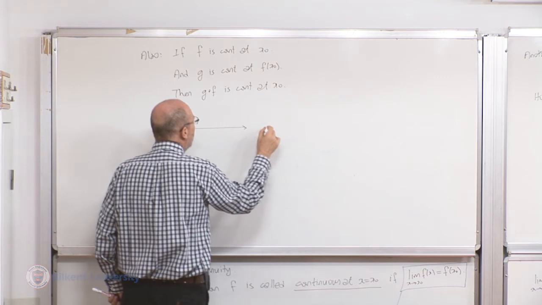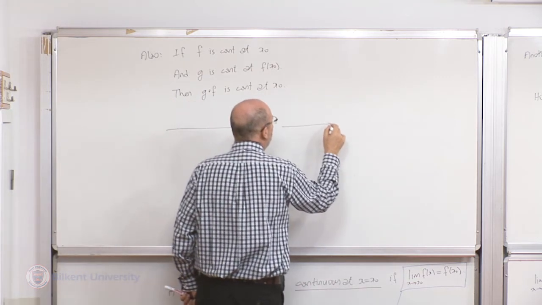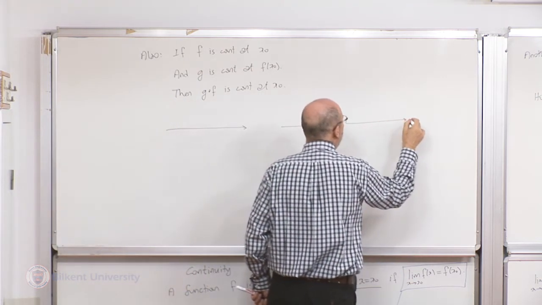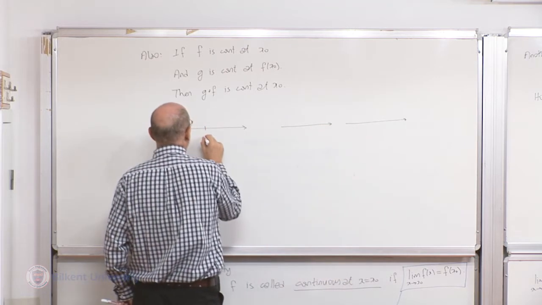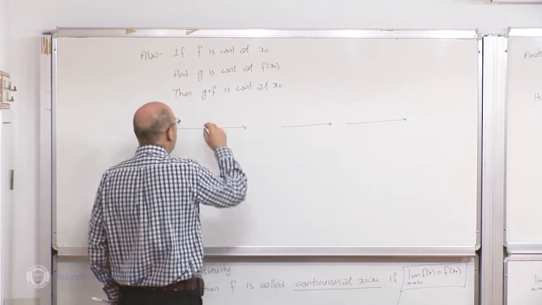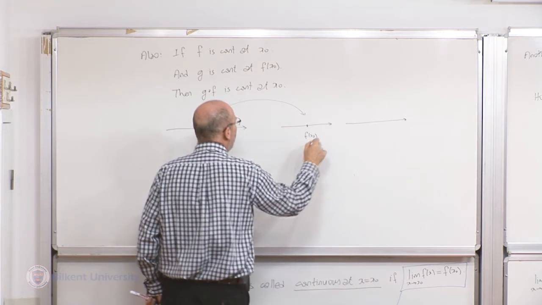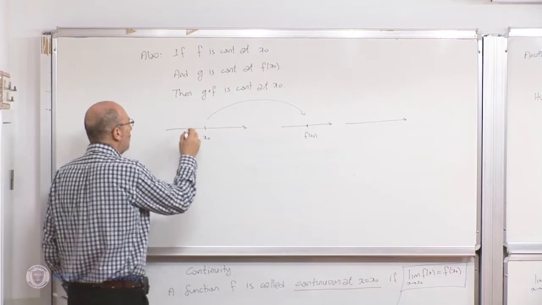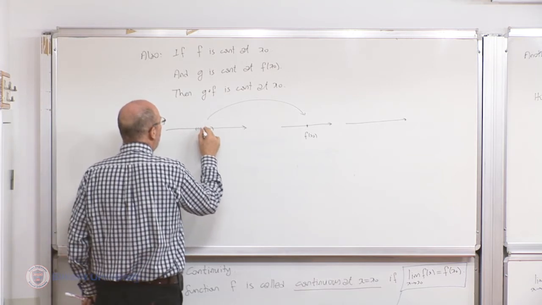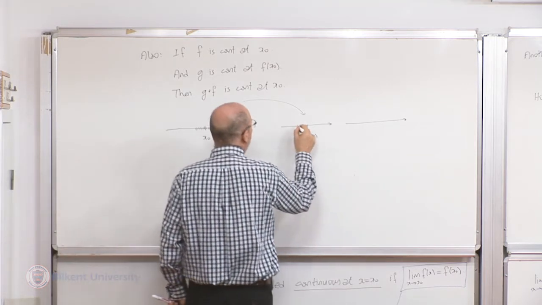So we have this x-axis here, another x-axis here, let's say another x-axis here. This is x sub 0. Okay, so f takes this over here, f of x sub 0. f is continuous means that if you take a small neighborhood here, that small neighborhood will be here.